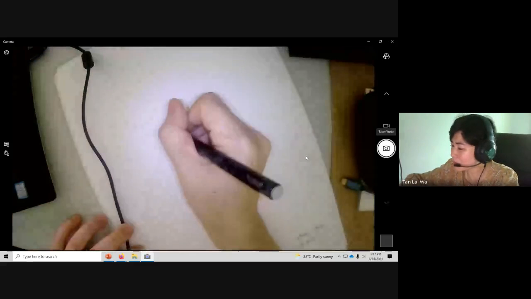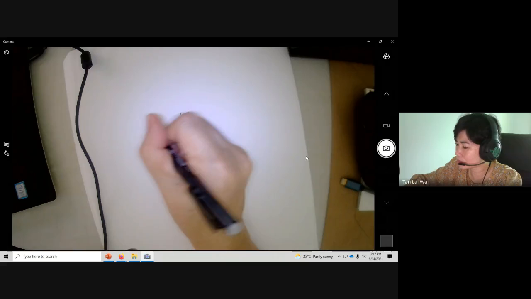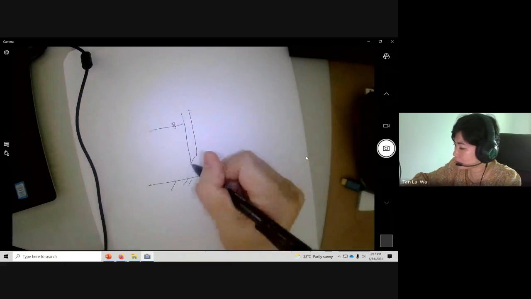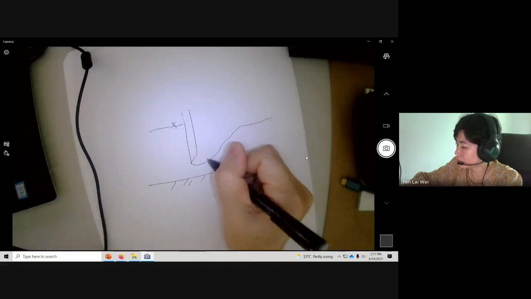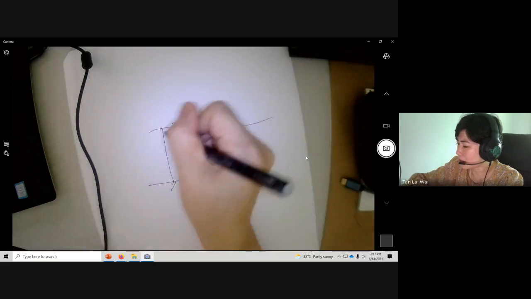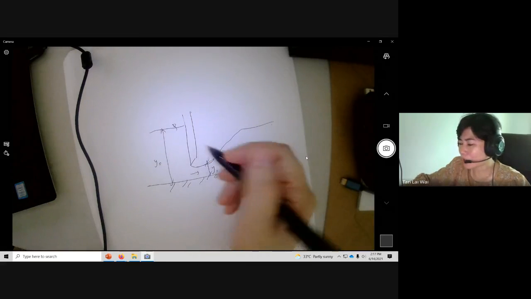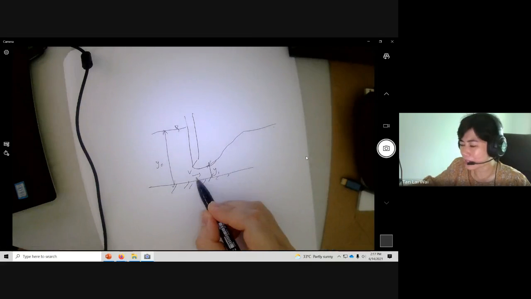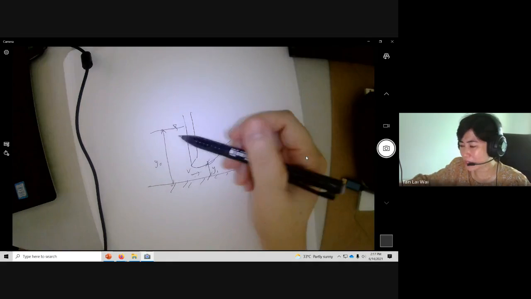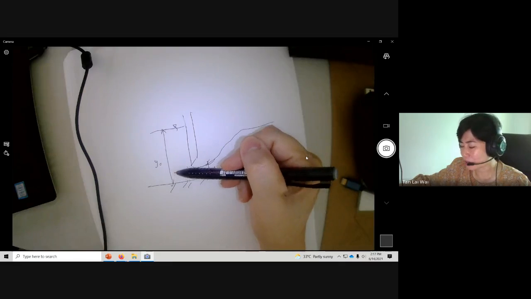You have the sluice gate, Y1, and you have flow coming out. This velocity is actually quite high, because you have high initial energy of flow.